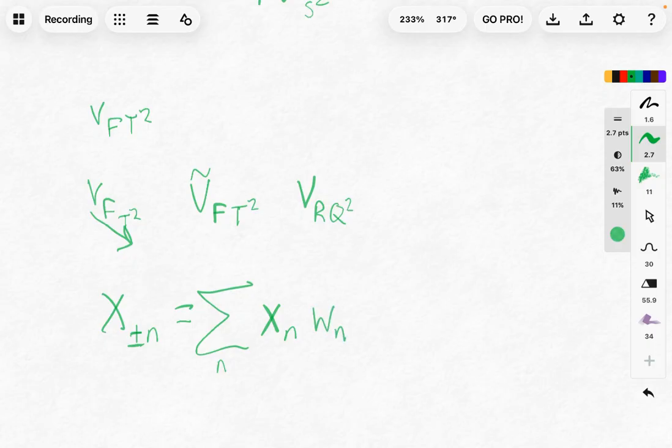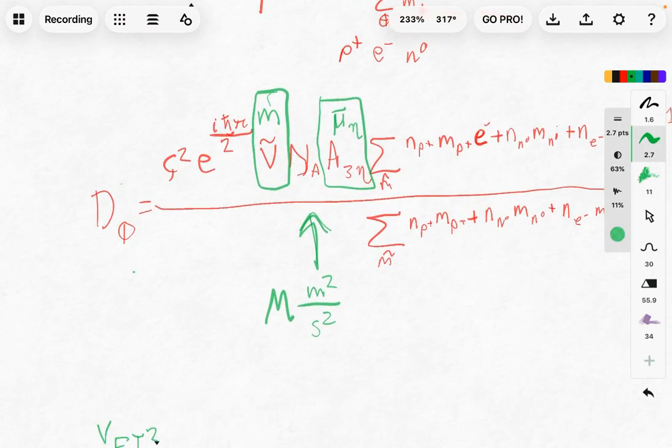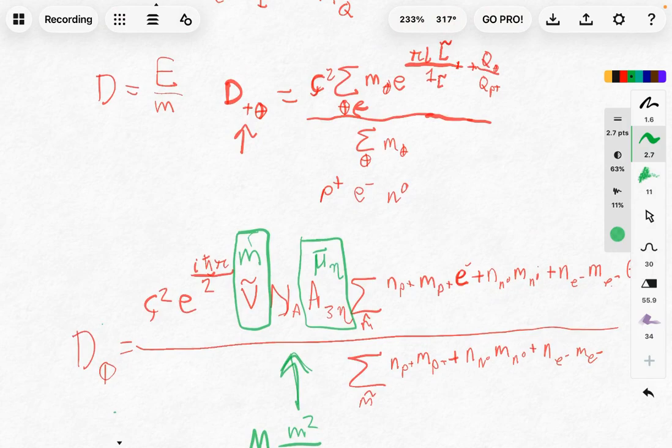But I can also do both versions at the same time, which means I can put it to a negative power, and I would actually like to raise that to the k, and put that to the 1 over kth root, and there is the definition of the entire sum rule. And I would like to mention with this, actually up here, this is wrong. This is supposed to be a plus minus because it is an average.